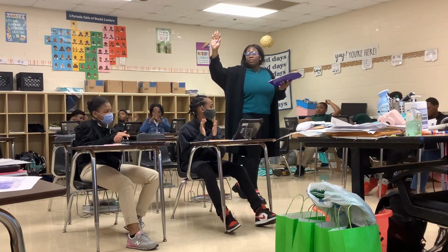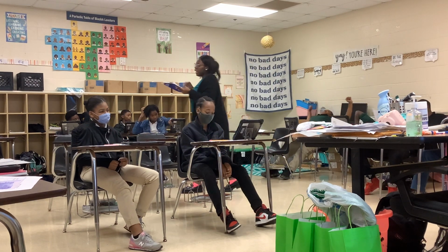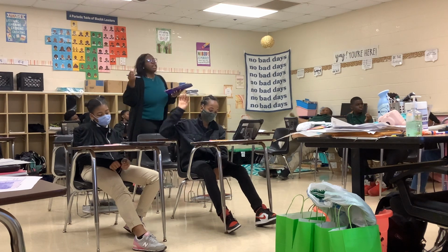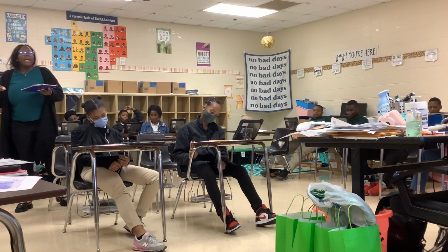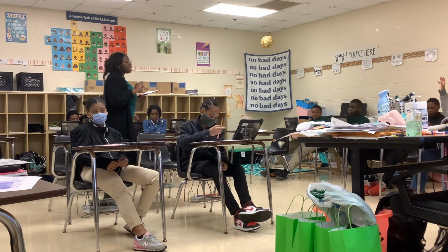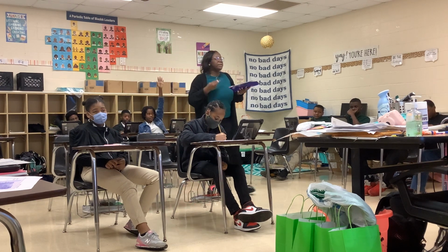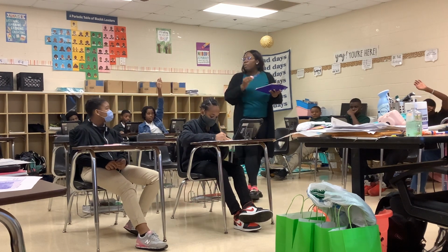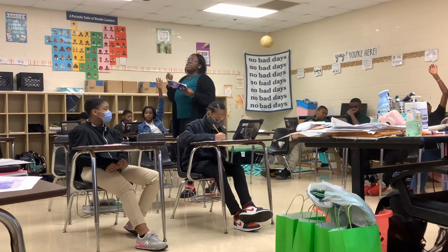All right. Which side of the mountain range will receive more precipitation? Is it going to be the windward side or the leeward side? And explain to me your evidence.